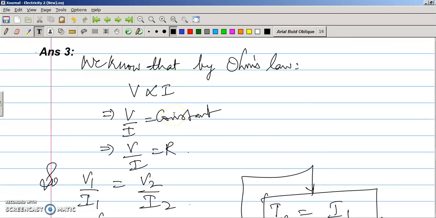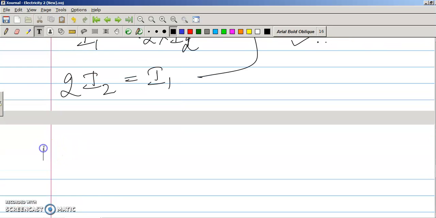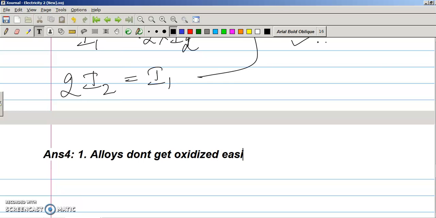Let us see the answer. Answer 4. The first point we'll write: alloys don't get oxidized easily, even at high temperatures.